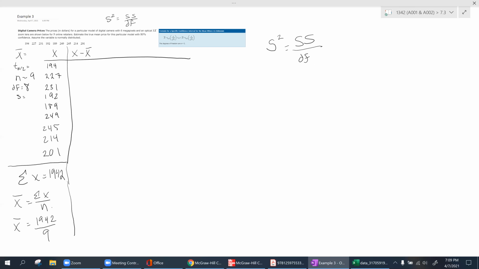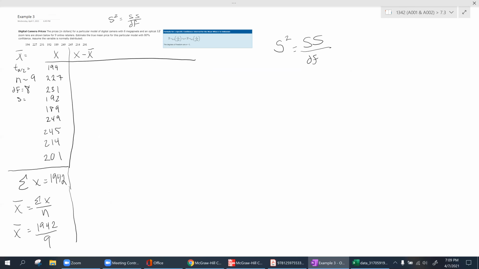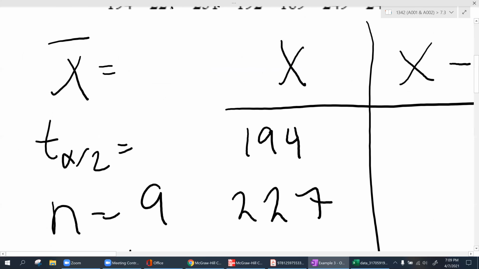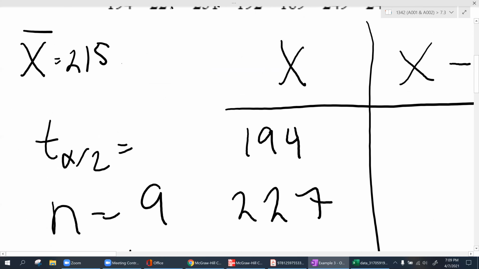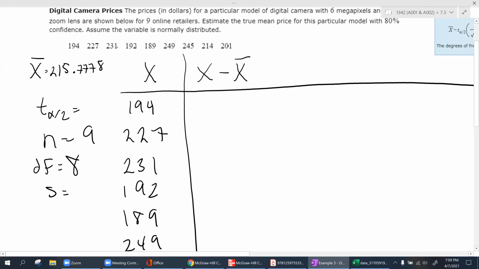Let's do 4 decimal places. We see that my x bar ends up being 215.7778. That's my x bar.